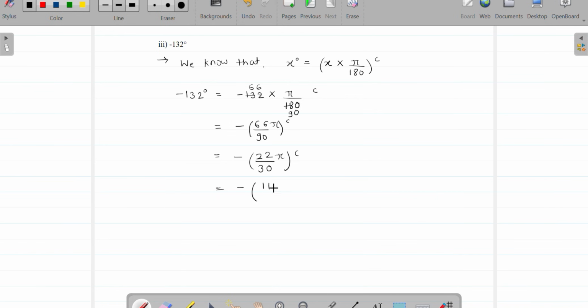Again 11 pi upon 15 radian, because we divide numerator and denominator by 2. 2 1s are 2, 2 1s are 2, and here 15 2s are 30, and therefore minus 132 degree, which is equals to minus 11 pi upon 15 radian.